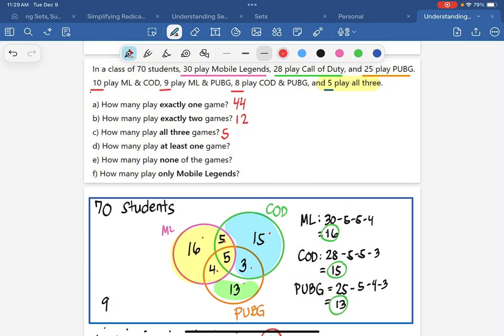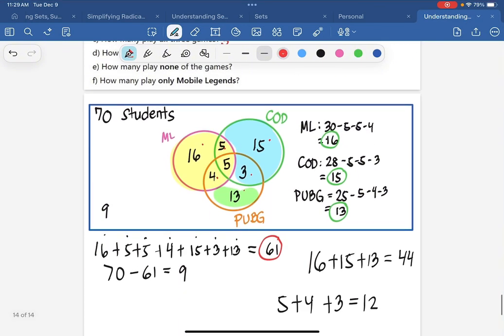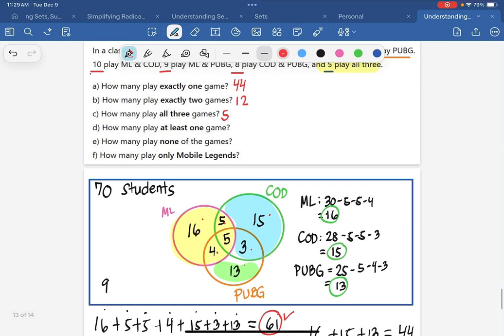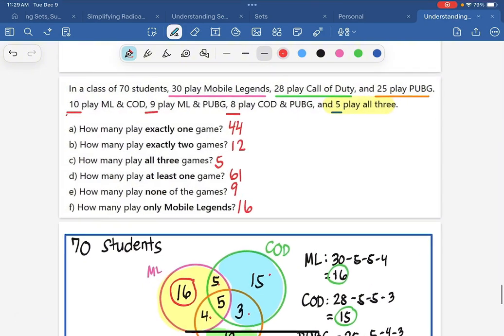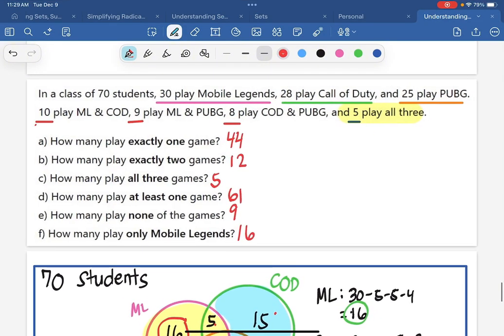So it is the union. So as we added earlier, the answer is 61. And of course, how many play none of the games, the complement, which is 9. And last one, being asked how many play only Mobile Legends, limited to ML only, is 16. So these are the answers to all the questions based on this problem.